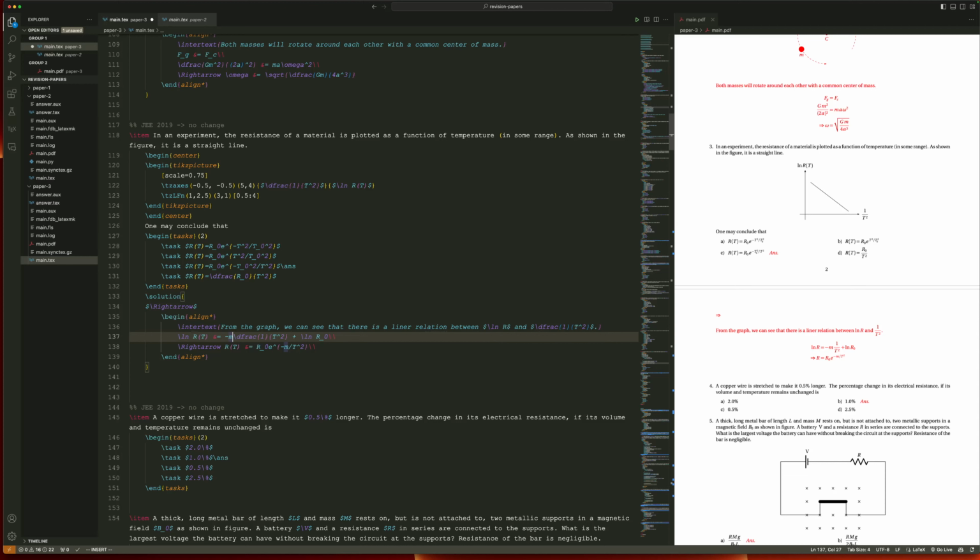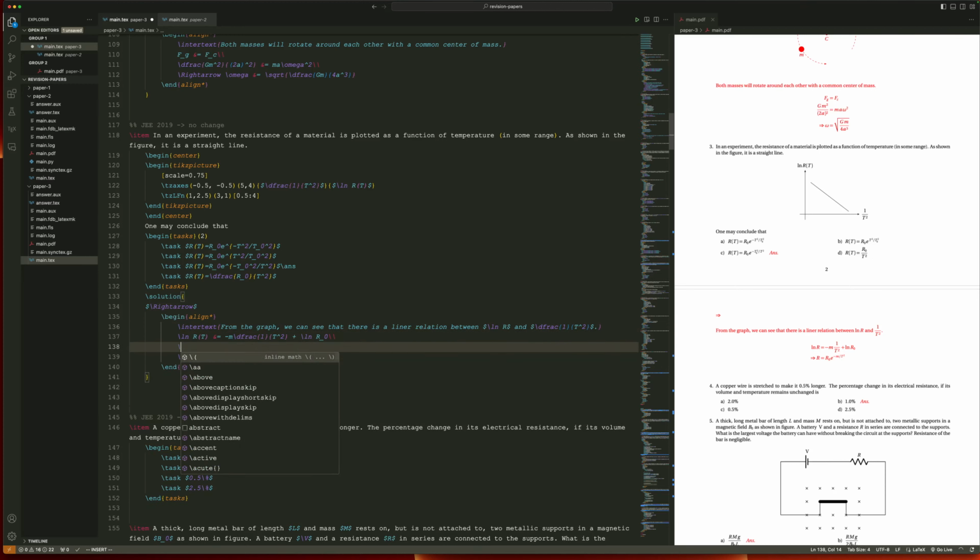So slope will be, I think we have to add a few more things.